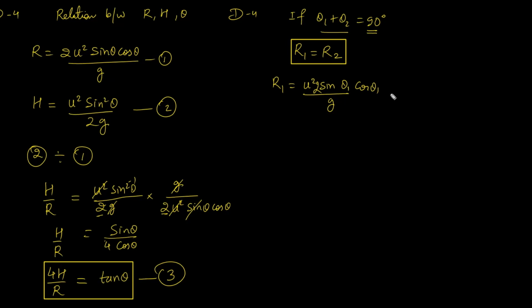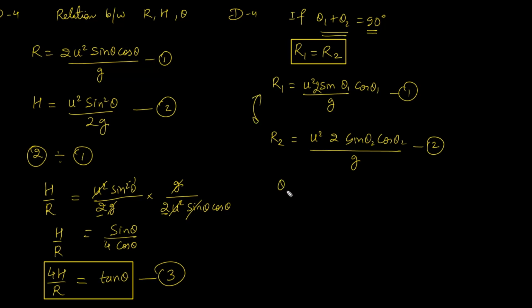Same way we can write the expression of R2, which is u square 2 sine theta 2 cos theta 2 upon g. So if theta 1 plus theta 2 is 90, we will see this R1 will be equal to R2. Now how come? I can put theta 2 as 90 degrees minus theta 1.